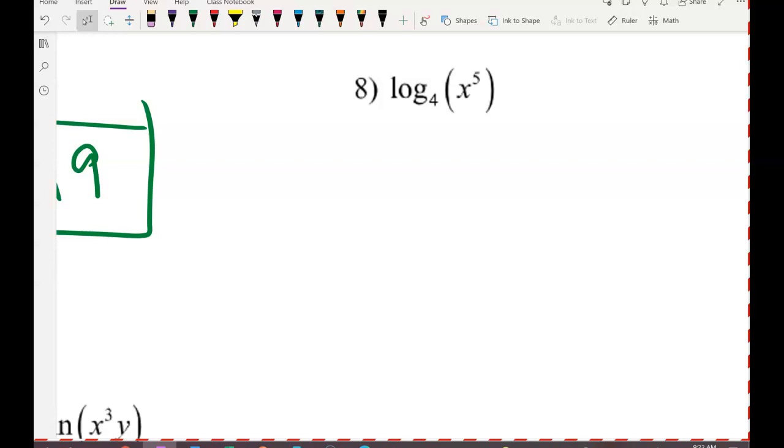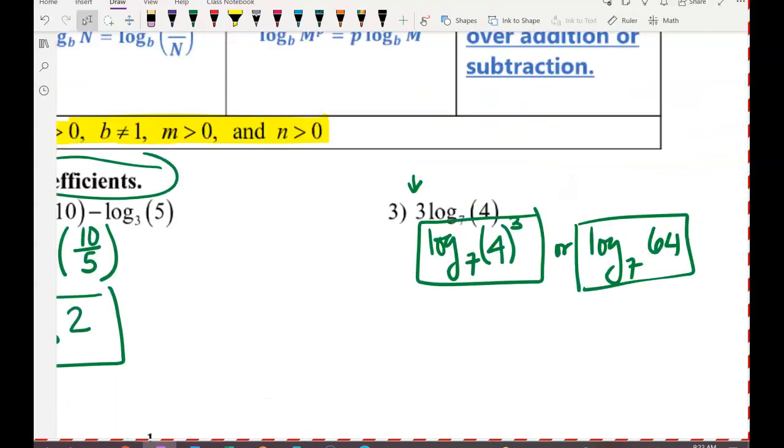If you need to, confirm with your team first. Okay, Carter, what is the base? Okay, do we have an exponent, buddy? 5. Now go back up to the properties.